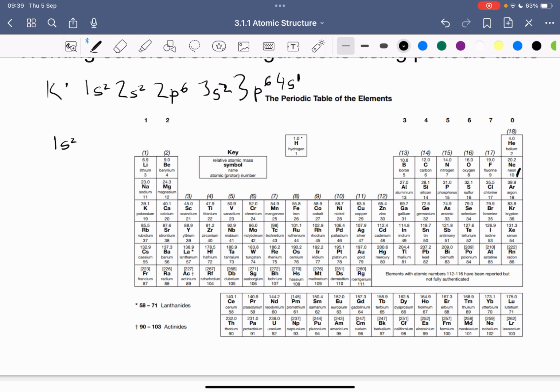I've gone past those two, then I've gone past this, so that's 2s2. And then I stop at 2p6. That's just quickly the way to do it conceptually. You don't really have to do any maths or anything, so it's just way quicker.